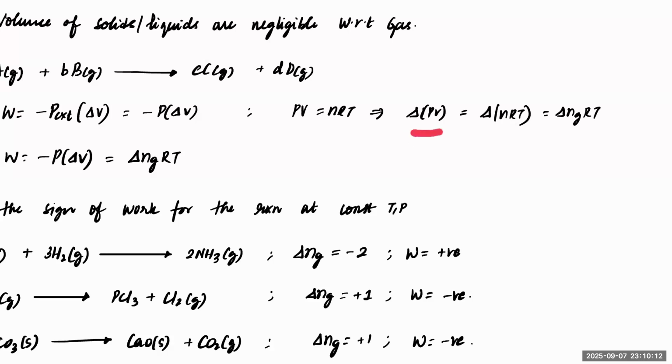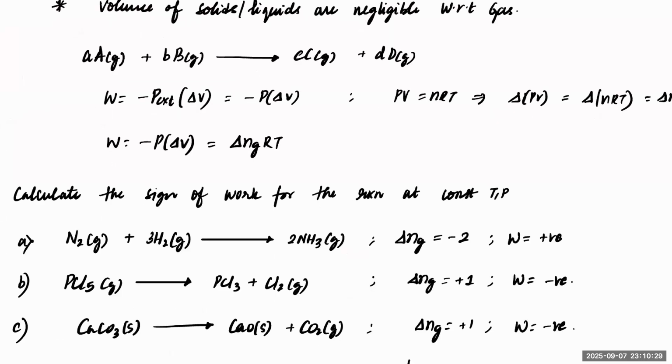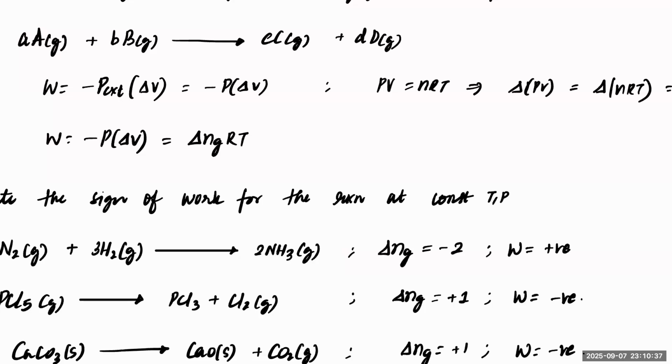That means any change in pressure and volume will be a change in the number of moles or temperature. Since temperature is constant, RT will come out and delta Ng will be observed. So for a chemical reaction, instead of minus P delta V, we can simply write this as minus delta Ng RT. Now what does delta Ng mean here?